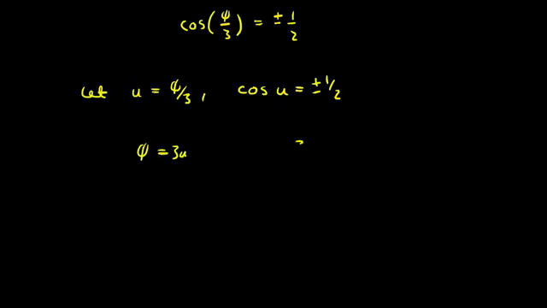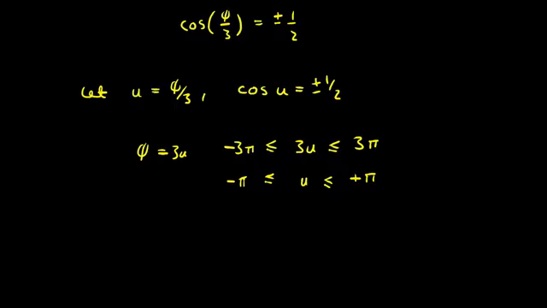So our boundaries that we're considering between minus 3 pi and plus 3 pi, we can change these so that we're looking for solutions for u, which are between minus pi and plus pi. So just to clarify, I've turned this problem with phi into a problem with u. So now we're solving cos u is equal to plus or minus a half, and that means we're looking for solutions in u which are between plus and minus pi.